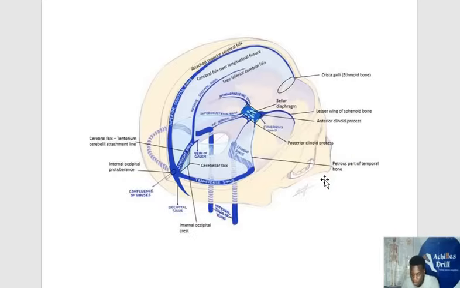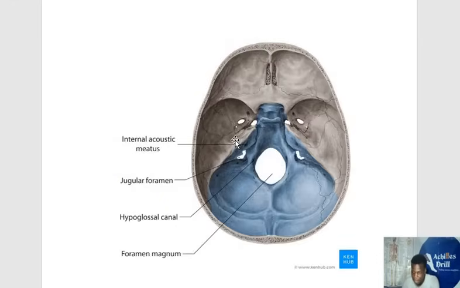Take a look at this picture. Same thing is established: confluence of sinuses, transverse sinus, and then the sigmoid sinus, which continues as what? We've mentioned it today, the jugular vein. It continues into the jugular foramen, right? So that's that about that.